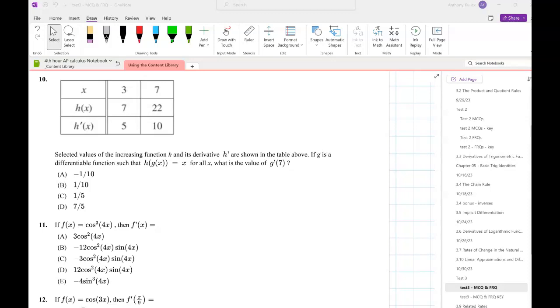But what's g of 7? Does it give it to us? No. It doesn't, right? But it does, just not in the way you're expecting. G of 7 is 8? So here's the trick. I know that h of 3 is equal to 7. I do g of each side.